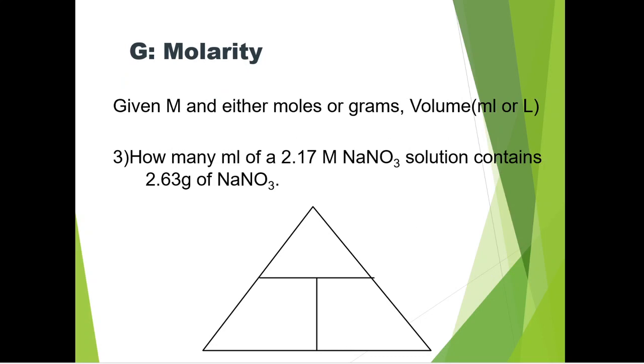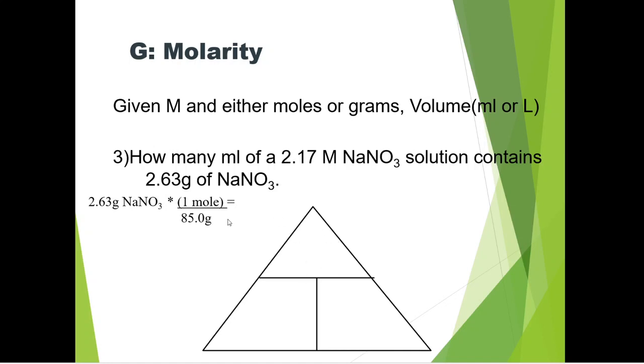How many milliliters of a 2.17 molarity sodium nitrate solution contains 2.63 grams of sodium nitrate? Notice I have the molarity and I have the grams. So let's look at our triangle. The first thing we need is to convert 2.63 grams of sodium nitrate into moles, because the top of our triangle is in moles.